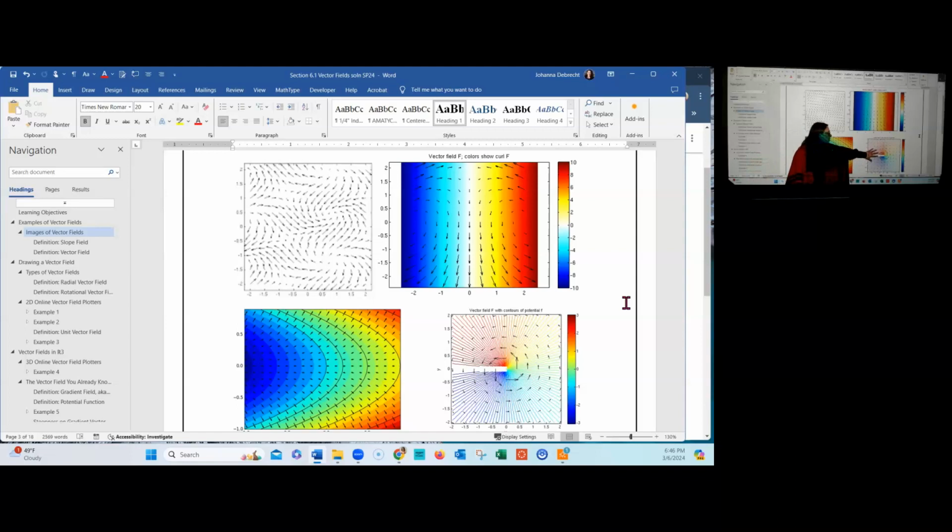The one on the lower right is a vector field with contours of the potential function. When you're looking at these, you can tell that generally speaking, in many graphs, it goes from blue showing less flow to red showing more flow.